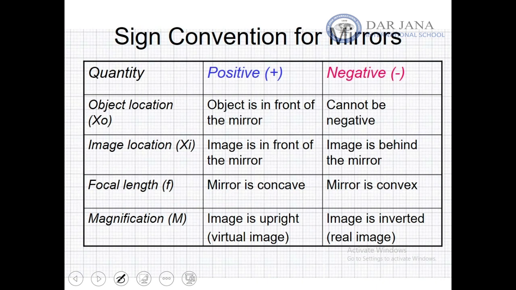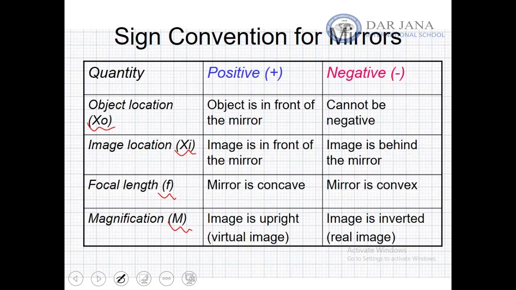Now, sign conventions. When XO is positive or negative, when XI is negative or positive, when F is positive or negative, when M is positive or negative. First of all, we're going to start with XO. XO is positive when the object is in front of the mirror.